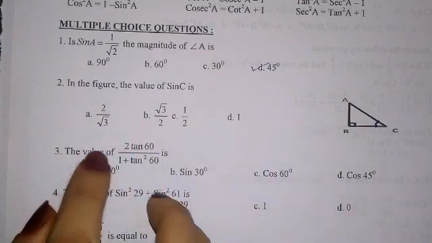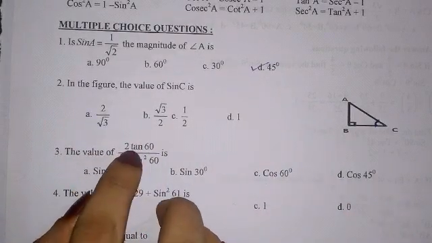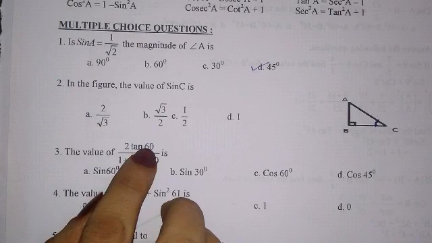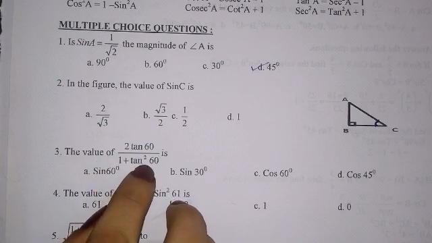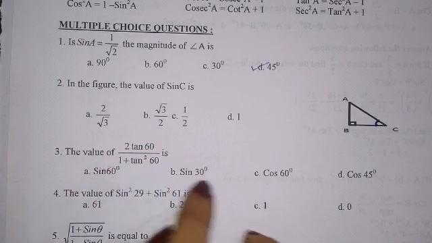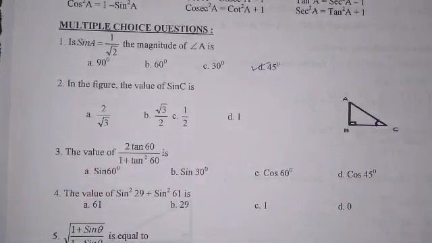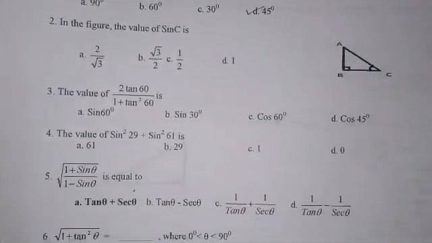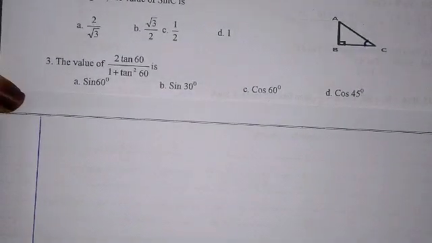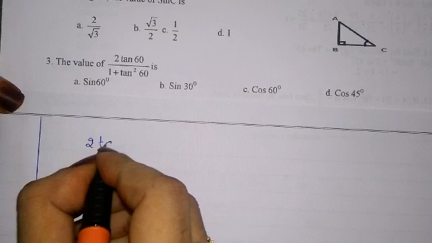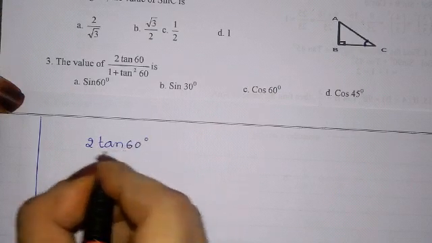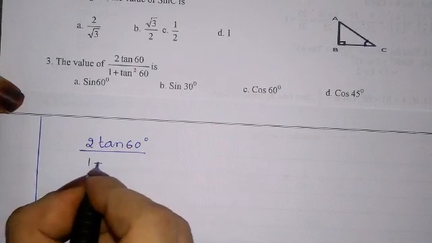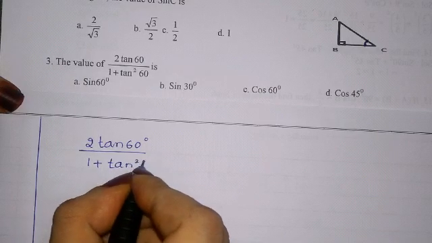Okay, here the value of 2 tan 60 degree upon 1 plus tan square 60 degree is. Let me see what we are going to get. I'll take one paper and start solving this question. The value of 2 tan 60 degree upon 1 plus tan square 60 degree.